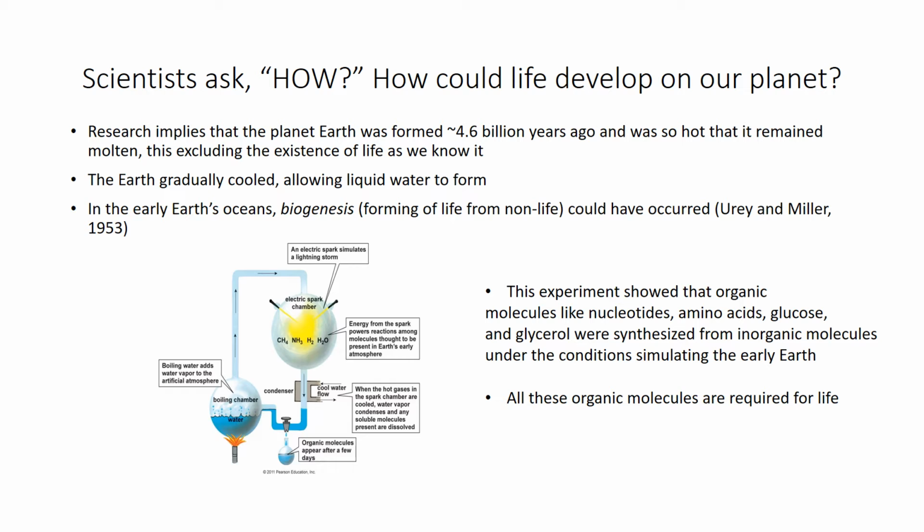Then there were two scientists working at the University of Chicago, Urey and Miller. In 1953, they asked this question: is it possible to simulate the conditions of the primitive early Earth?